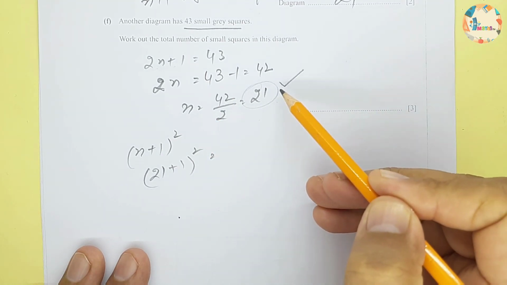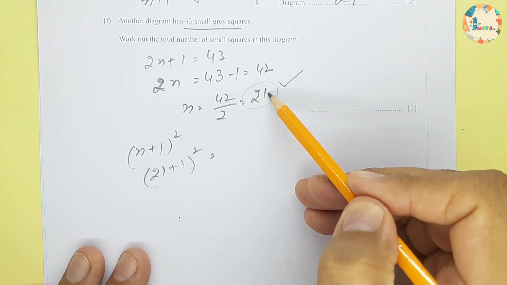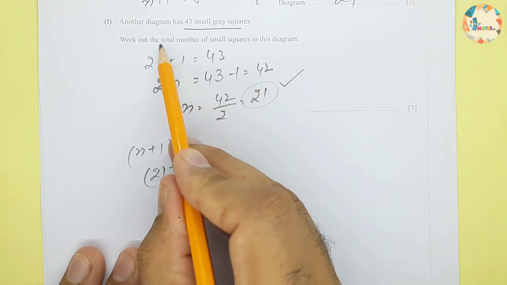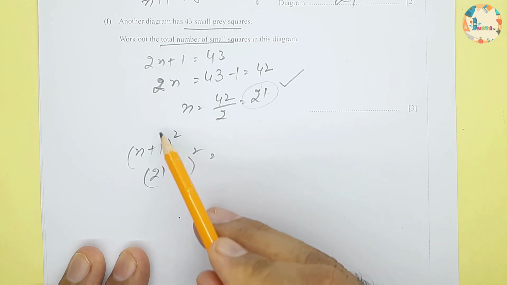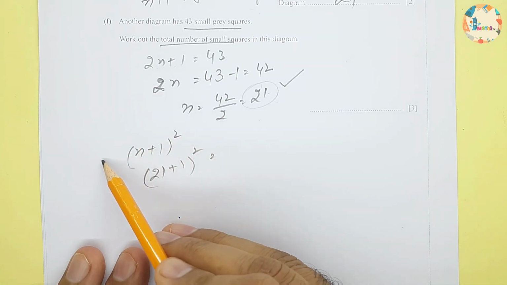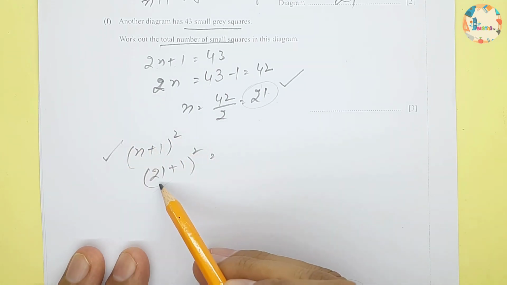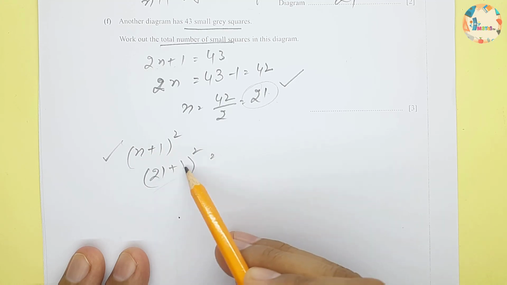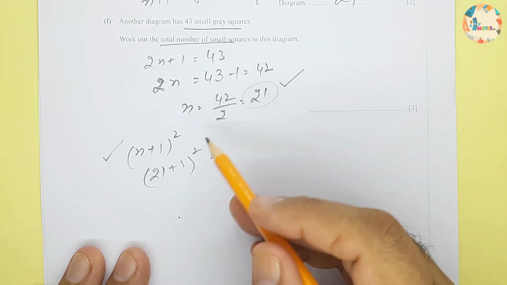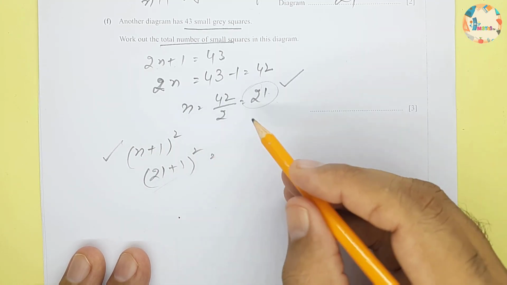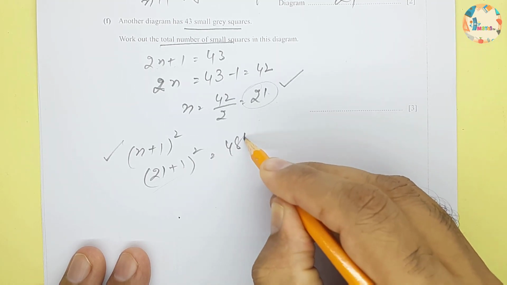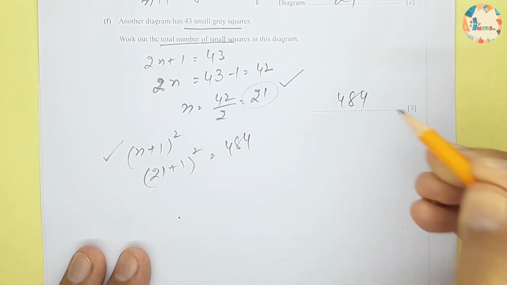This value of n means the number of the diagram. Now we are finding the total number of small squares, and for that we have this formula. We place n equal to 21. So 21 plus 1 square, which is 22 square, which is 484. So our answer will be 484.